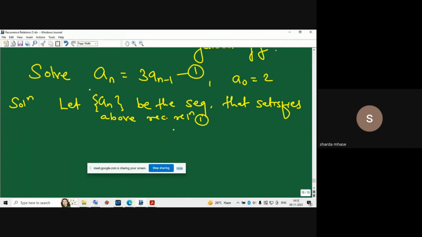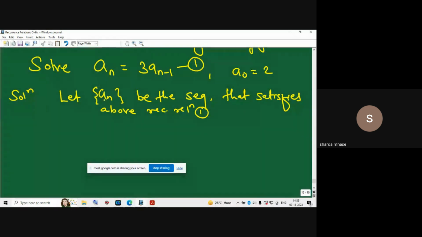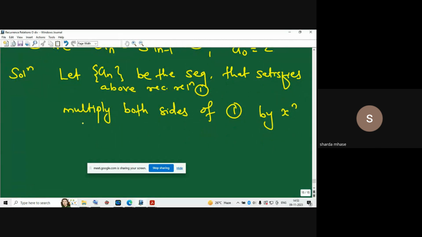We are trying to sum up all the terms of this sequence after multiplying by suitable powers of x. So if I multiply both sides of 1 by x raised to n, I get a_n x to the power n equals 3 times a_{n-1} x to the power n.